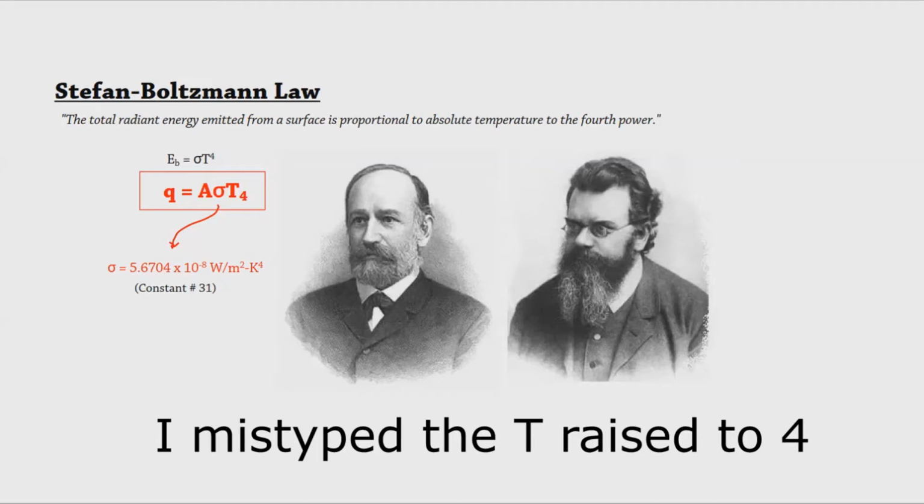So if we have the emissive power of a black body, that is E sub B, that is equal to sigma times T raised to the fourth. And this small sigma gives us the value of the Stefan-Boltzmann constant, that is 5.6704 times 10 to the negative 8 watts per meter squared Kelvin to the fourth.